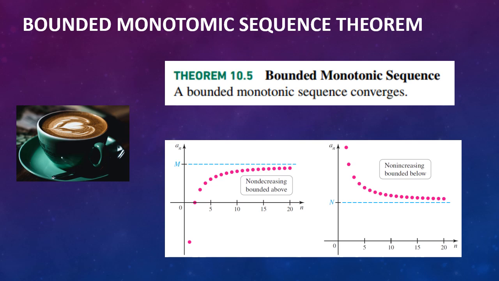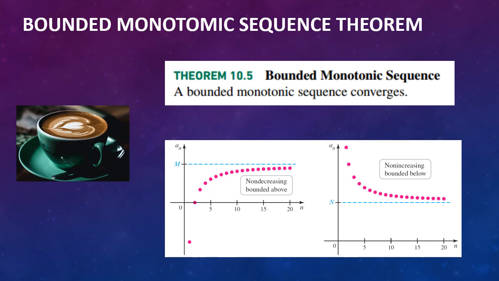Every minute you measure the temperature of the coffee to create a sequence of temperature readings, T sub 1, T sub 2, etc. This sequence has two notable properties. First, the terms of the sequence are decreasing because the coffee is cooling on your desk.